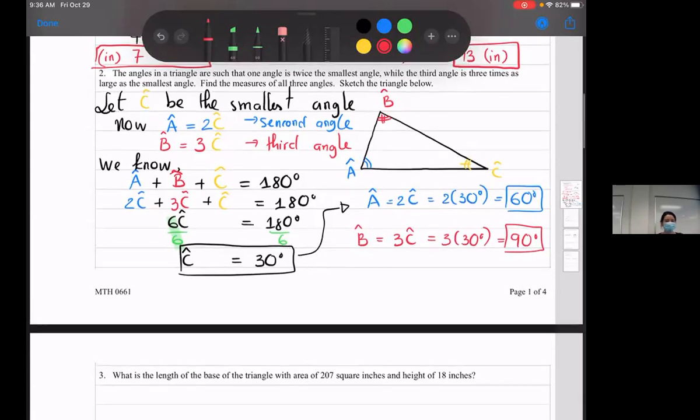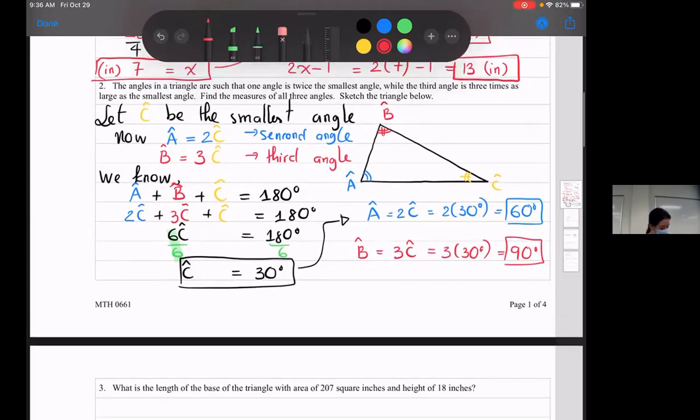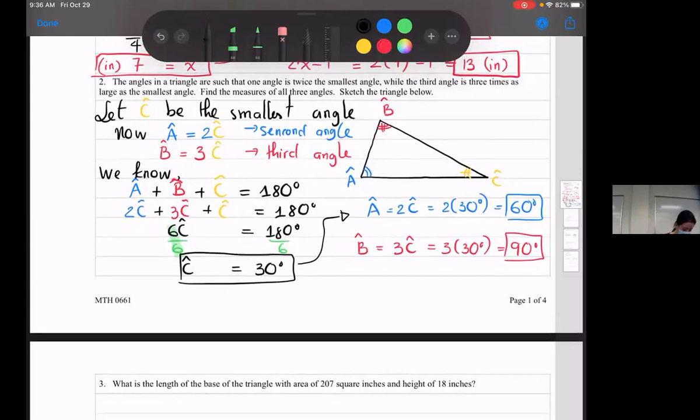Does anyone have a question about number 2? My home audience, do you have any question about number 2? Where did you get 6C from? 6C? Oh, 2C plus 3C plus 1C. Okay. Thank you for asking. I'll give you a minute to copy that down.